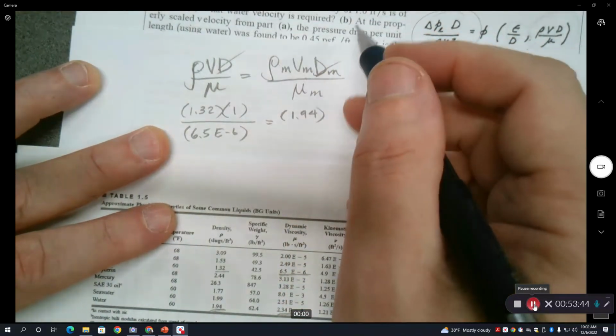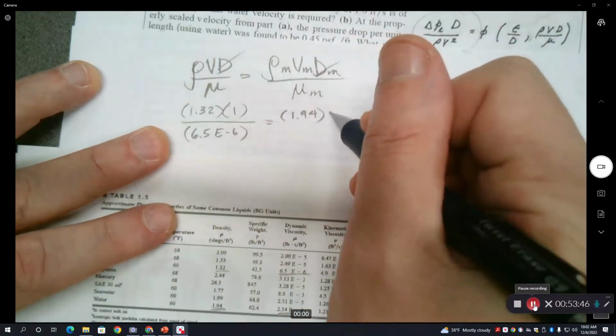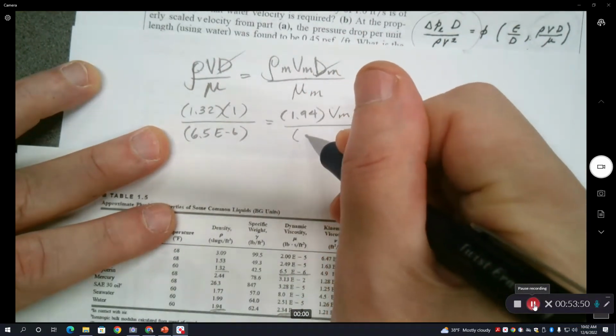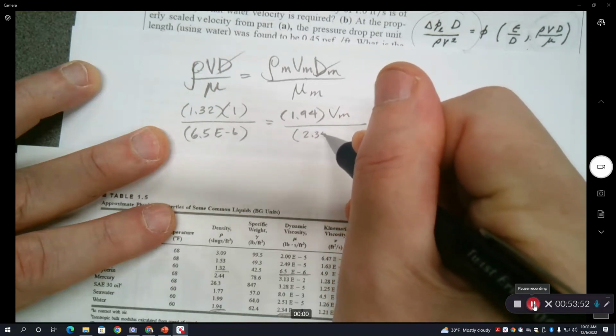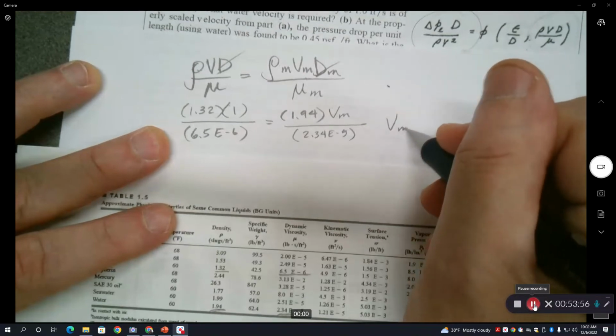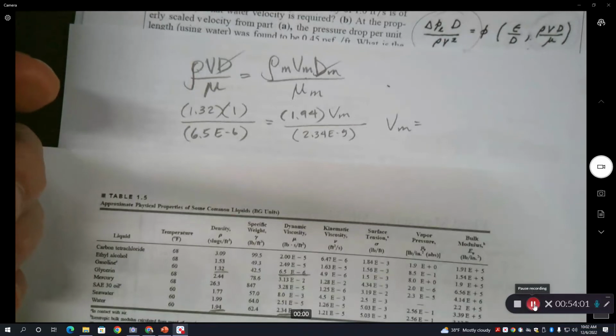We want to find the velocity in the model. We take the viscosity of the model, 2.34 e minus 5. So the velocity of the model: 1.32, 1.94, divided by 6.5, 2.34.